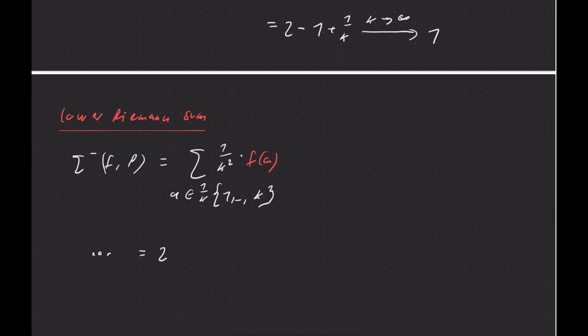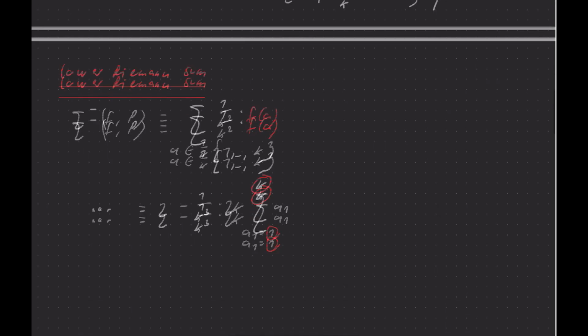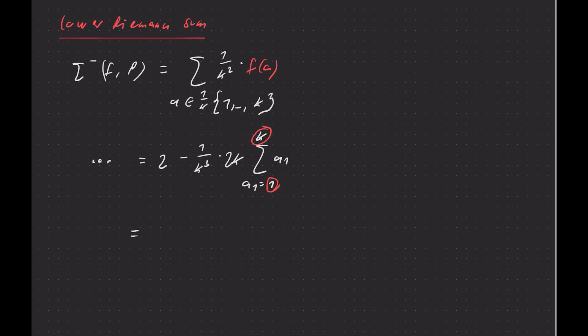We end up at something like 2 minus 1 over k to the third times 2k times, and now we have a sum of a1 from 1 to k of a1. So what's different to that sum before is the sum is not from 0 to k minus 1 this time, but from 1 to k. Yeah, and of course, that gives us the following result.